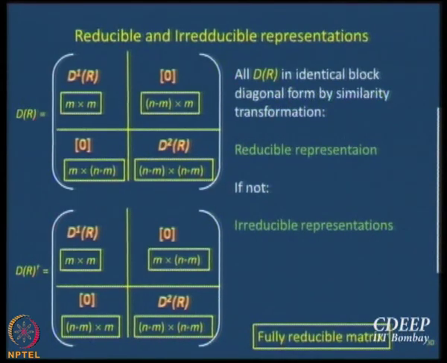To start with some D(R), you should at least be able to perform some kind of a similarity transformation in such a way that all of the matrices become block factorizable in a particular way. And this is something that we have done already before, right. We block factorized every matrix in the same way, remember. Say for example XYZ again for C3V or C2V, which one did we do?